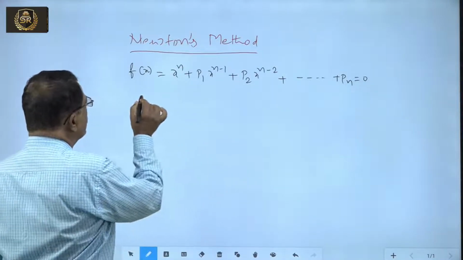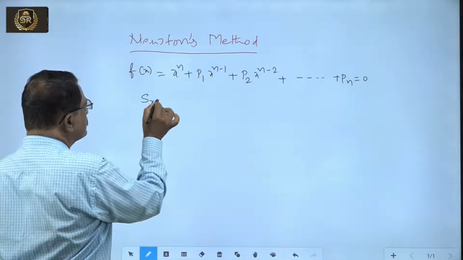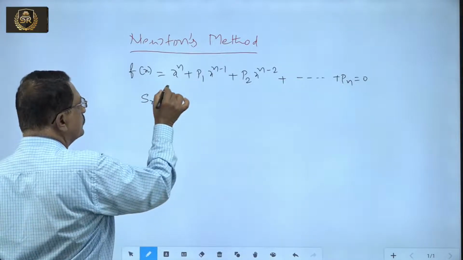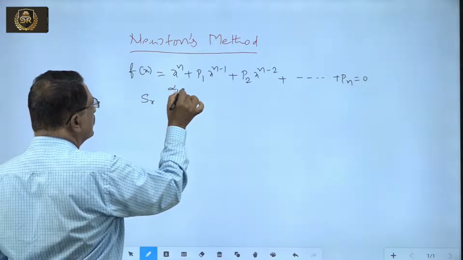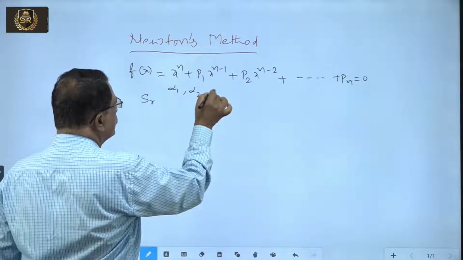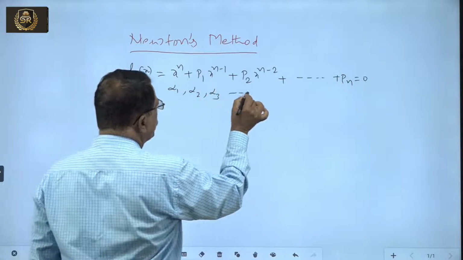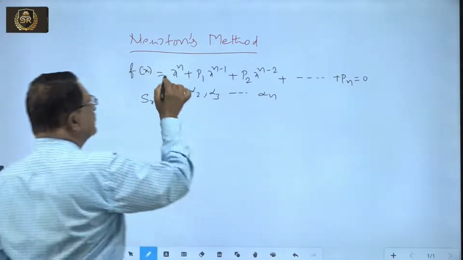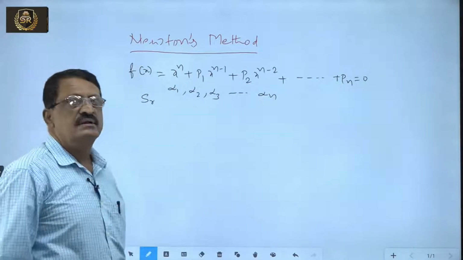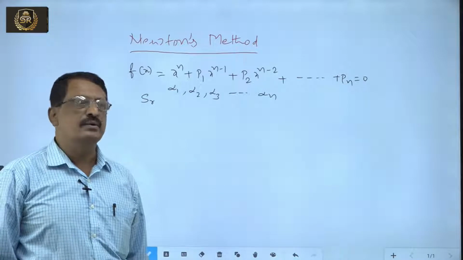Now, suppose the roots of the equation are alpha 1, alpha 2, alpha 3 up to so on alpha n, because it is an nth degree equation having n roots.